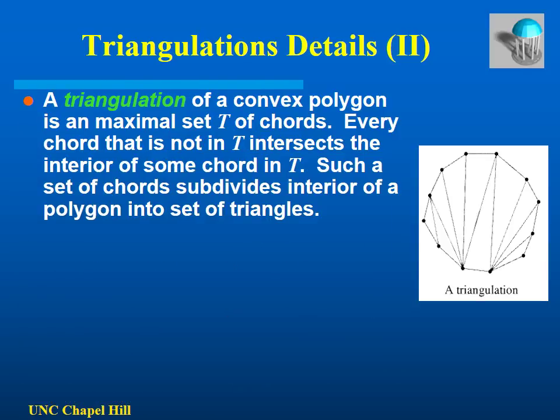We carefully define a triangulation of a convex polygon as a maximal set of chords. A maximal set is a set such that every chord not in that set intersects one of the chords in the set, in the interior.